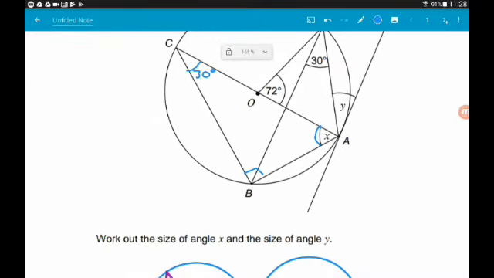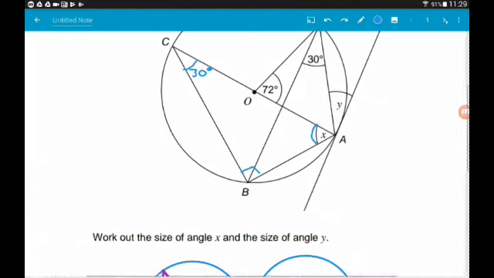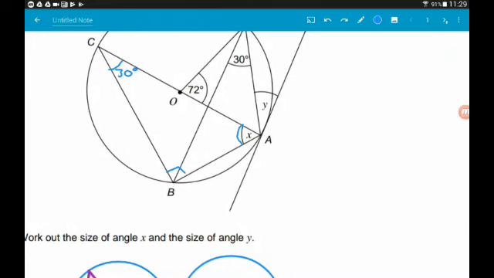Now, what we have going on here is a right-angled triangle. Now we know angles in a triangle add up to 180.